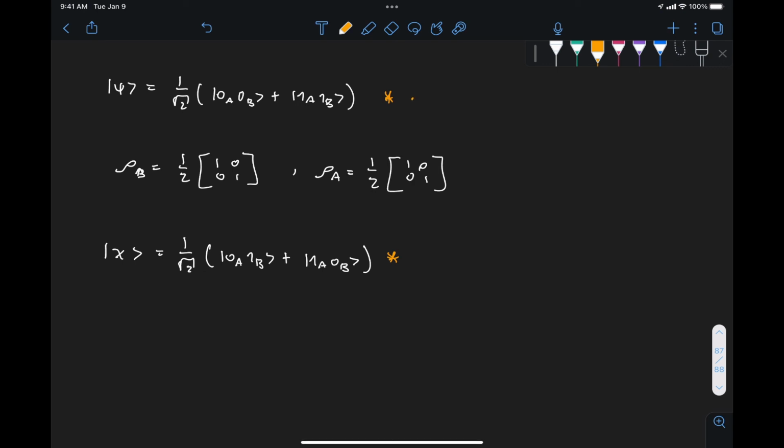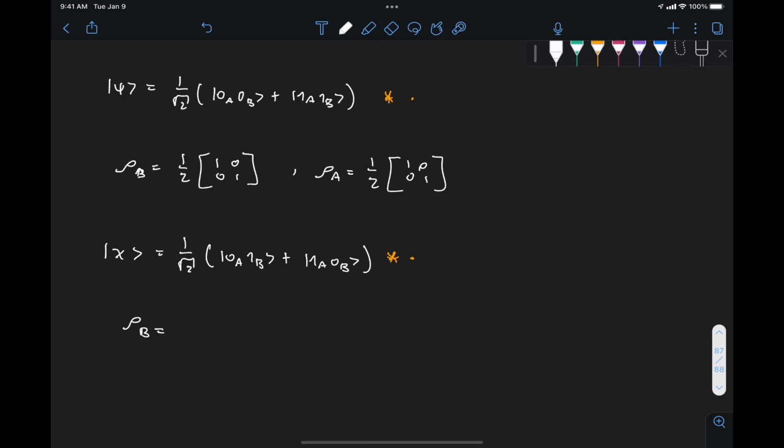Whereas in this second case, they find out that their qubits are anti-correlated with each other, right? So in the first case, every time Alice measures a 0, Bob measures a 0, and same for the 1 state. But in the second case, when Alice measures a 0, Bob measures a 1. So they're perfectly anti-correlated.